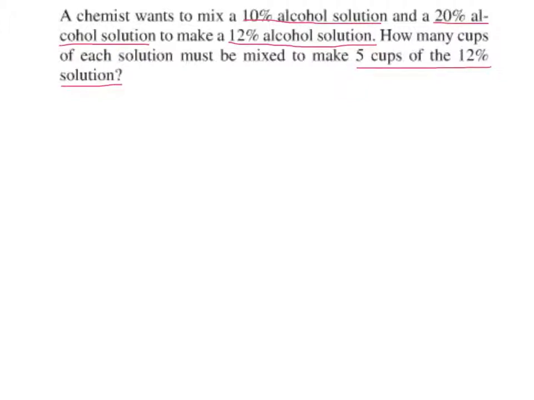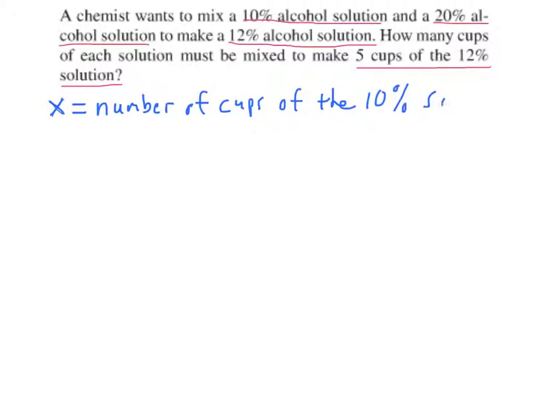So the unknowns are the amount of the 10% and the 20% solution that we need to use. So we'll let x and y be those two amounts. So x equals the amount of the 10% solution, so it's the number of cups of the 10% solution that we need to use.